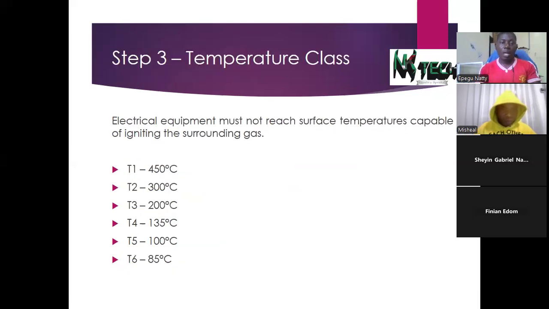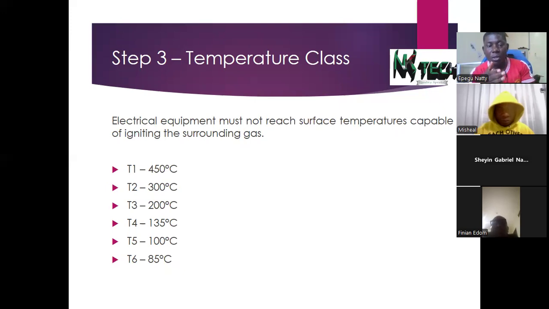All right, so let's look at temperature classes. Electrical equipment must not reach surface temperatures capable of igniting the surrounding gases. If you place equipment in a particular region, the surface temperature of that equipment should not be more than the ignition temperature of the surrounding gases in that region, in case there is a spill. The temperatures are also classified into various tags. T1 is 450 degrees. T2 is 300 degrees.